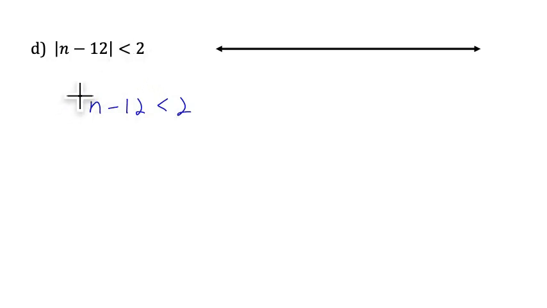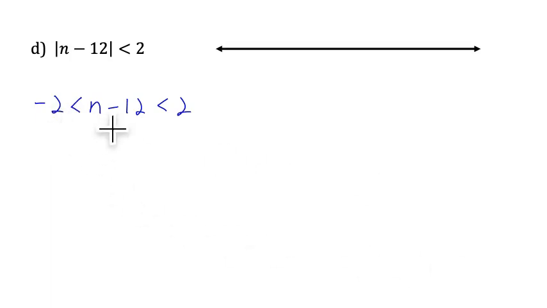Now I use that same inequality, notice these are the same here, and I switch the sign of this number. Really we switch the direction of the inequality, because notice up here it's about to eat the 2, and down here it's about to eat the n minus 12. So we did switch the direction of the inequality, it just doesn't look like it because it's over on the other side.